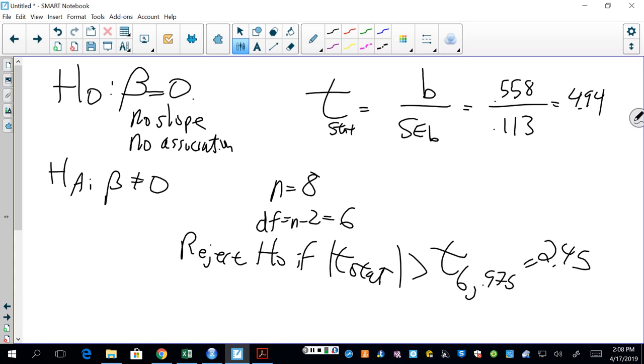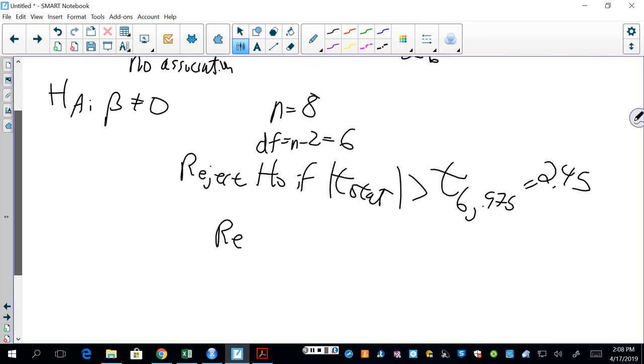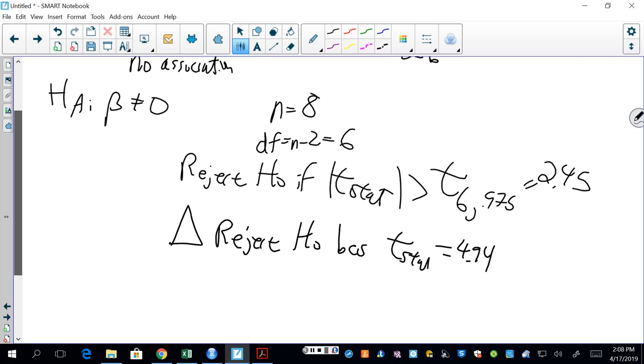So in this case, we're going to end up rejecting it. So here, reject H0 because our statistic is big, 4.94. And so that's pretty much incorporated there into the analysis. I think it's a p-value that's 0.003. That's very small, so you could look at it that way too. Any questions about this?